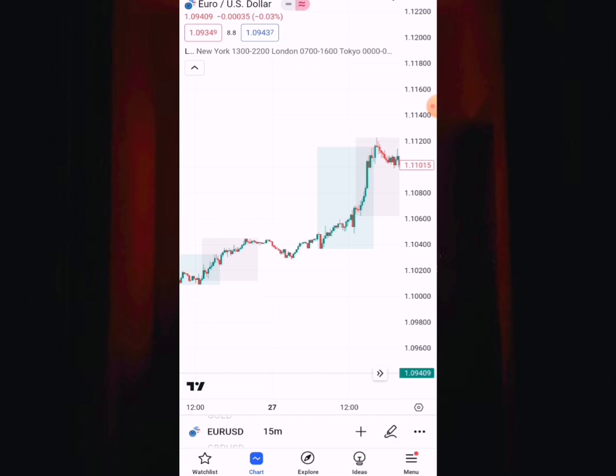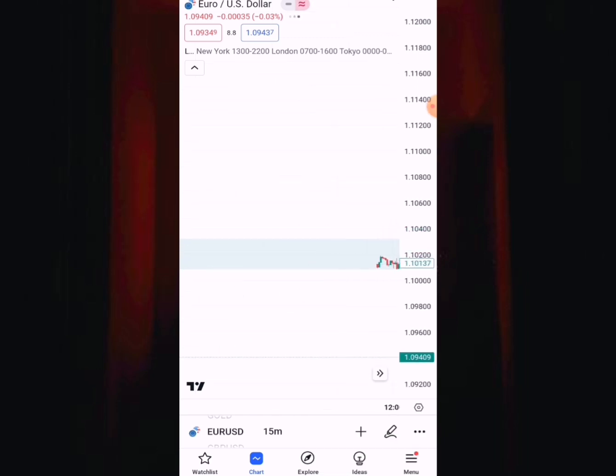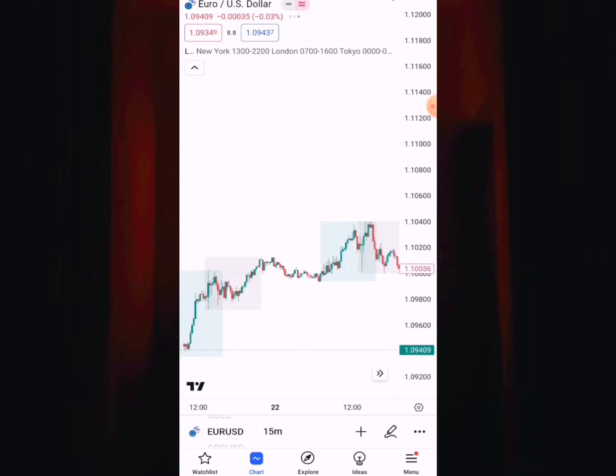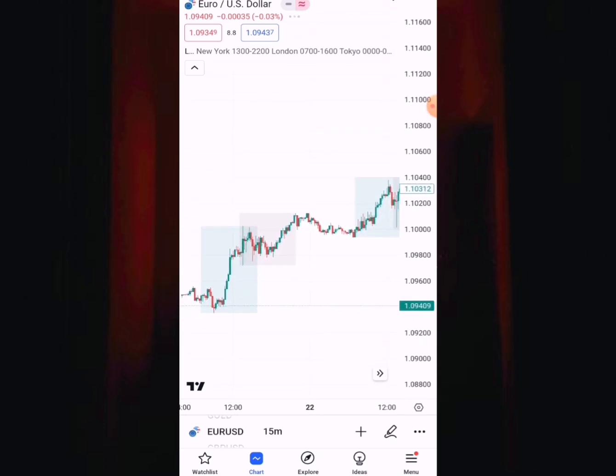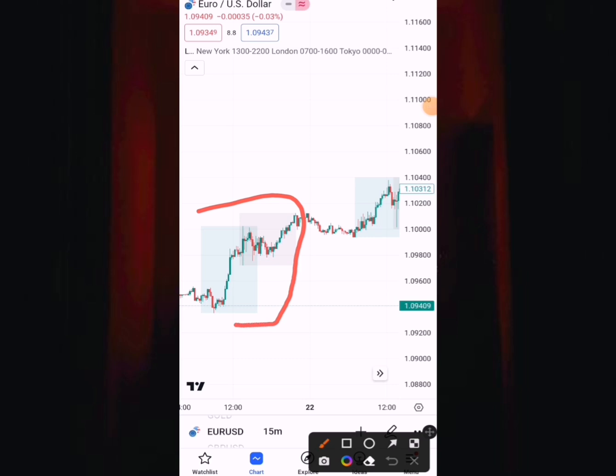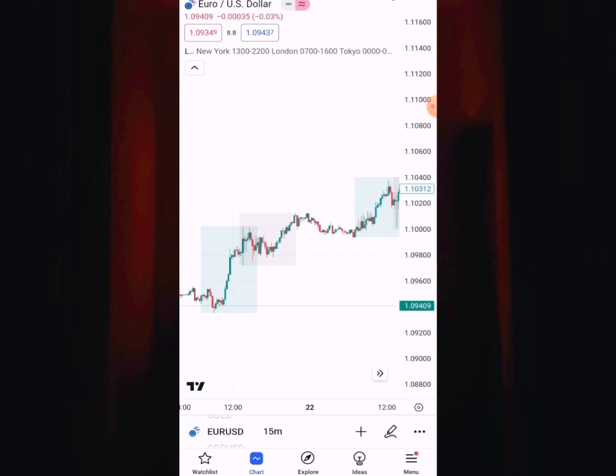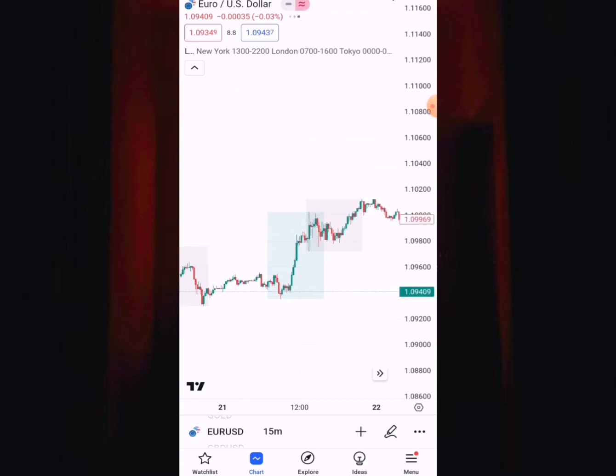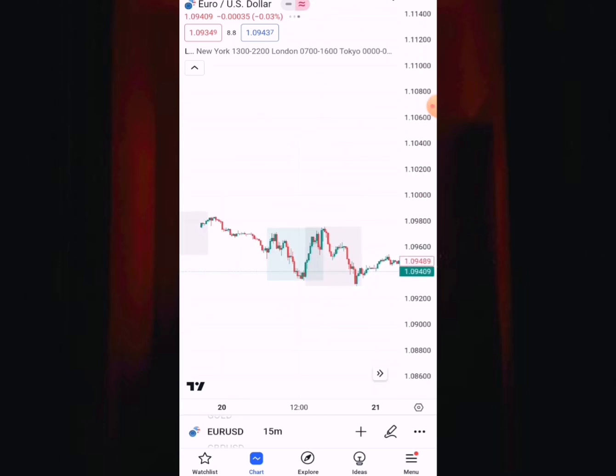Those boxes are the London sessions. Let's take another one. Notice that this pair makes a move within the two boxes. Right from the beginning, it shoots up, then it ranges, and then it shoots up again in those boxes. That's why this strategy works best when you trade it during the London and the New York sessions.